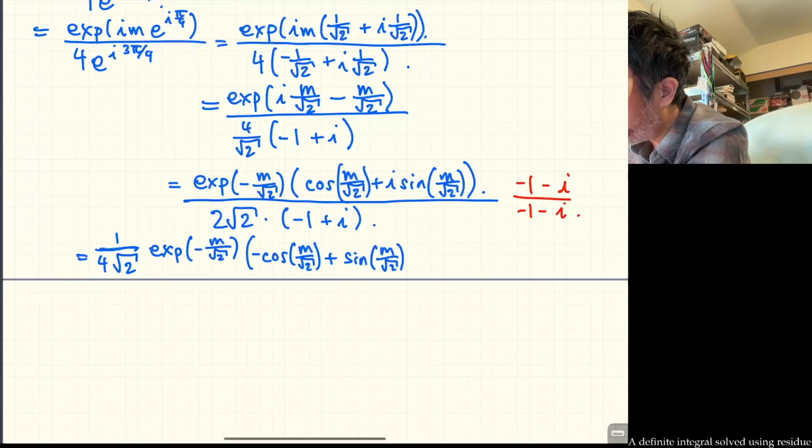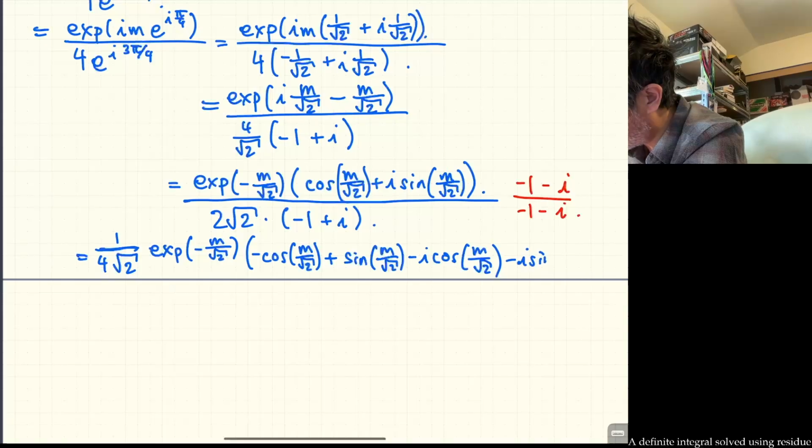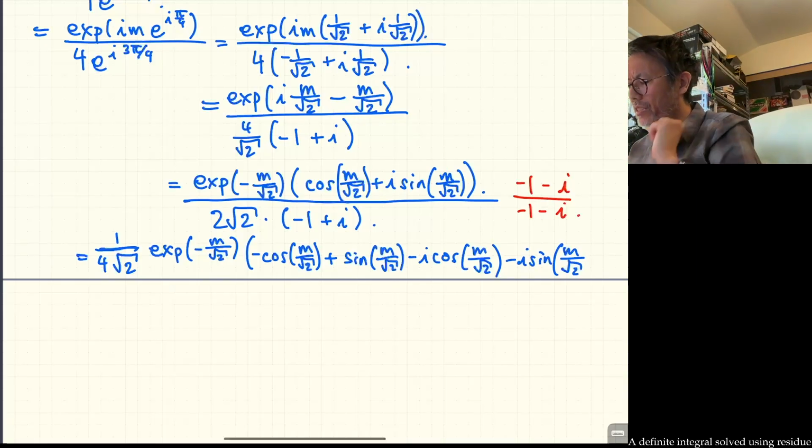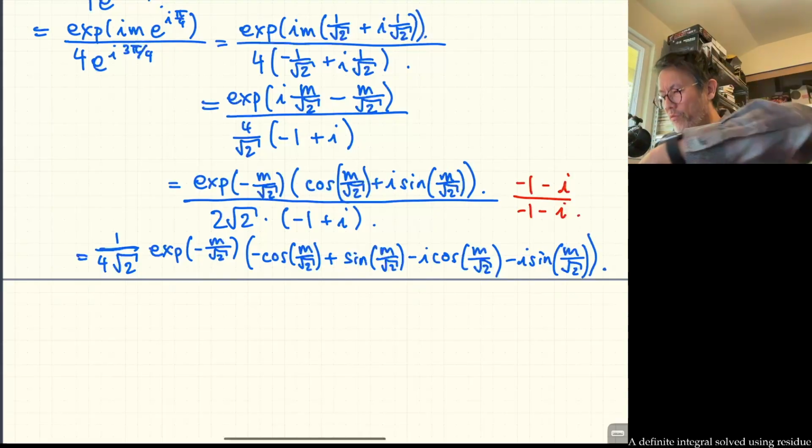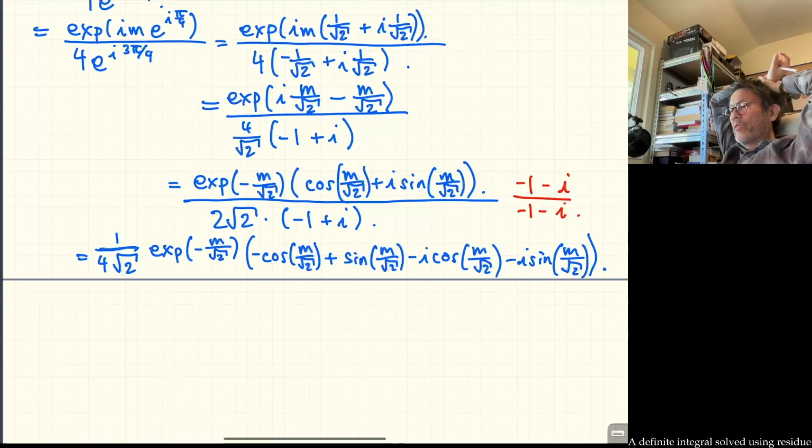And then the imaginary bits, I don't even think I care about them, but I'll track them: minus i cosine m over root 2, and then minus i sine m over root 2. Oh, no. This is actually the bit I care about, honestly, right? Because this is my residue here, and it looks horrifying, okay?